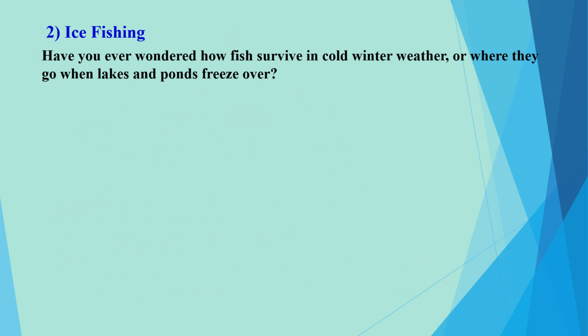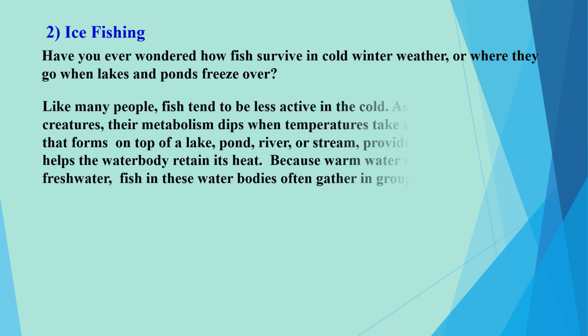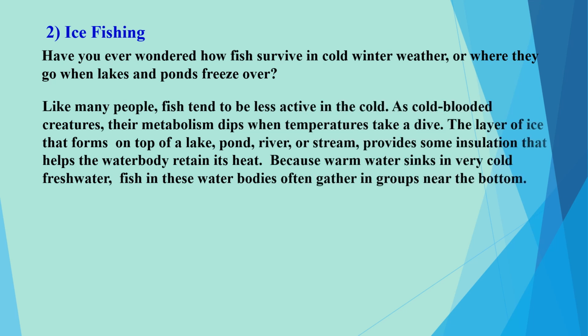Ice fishing. Have you ever wondered how fish survive in cold winter weather, or where they go when lakes and ponds freeze over? Like many people, fish tend to be less active in the cold. As cold-blooded creatures, their metabolism dips when temperatures take a dive.